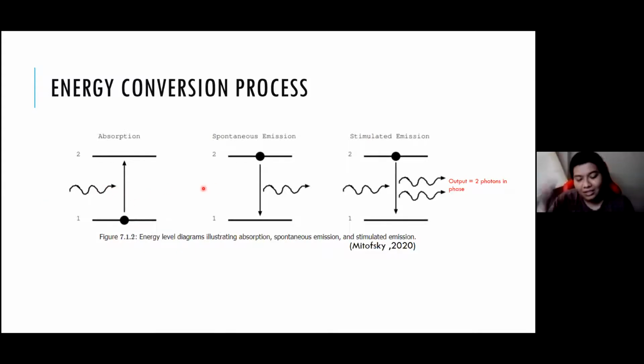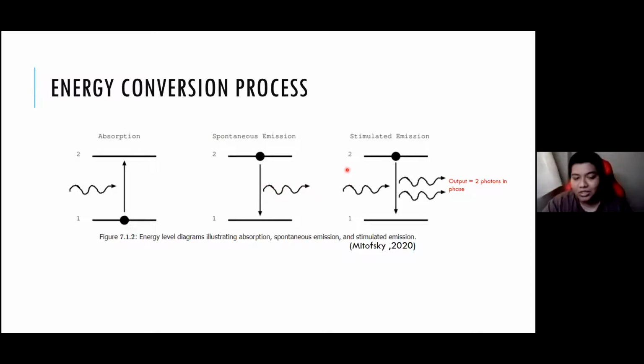And then the second is spontaneous emission, which is when recombination occurs from level 2 to 1, and then the photon is released.